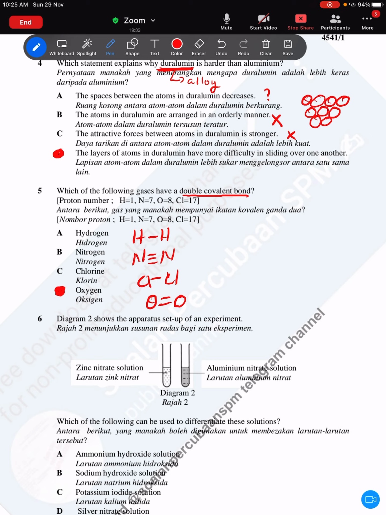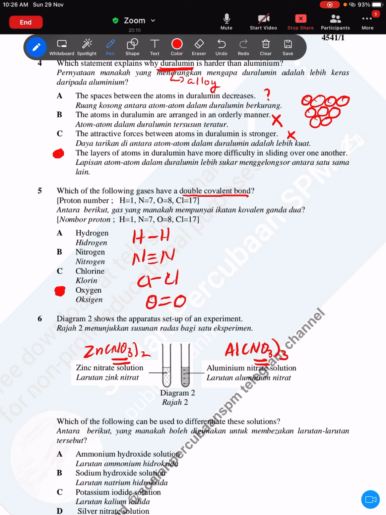Diagram to show the apparatus set up of an experiment. You have a zinc nitrate, Zn(NO3)2, and aluminium nitrate, Al(NO3)3. Okay, which of the following can be used to differentiate those solutions? My dear students, if you look, nitrate and nitrate are the same thing.